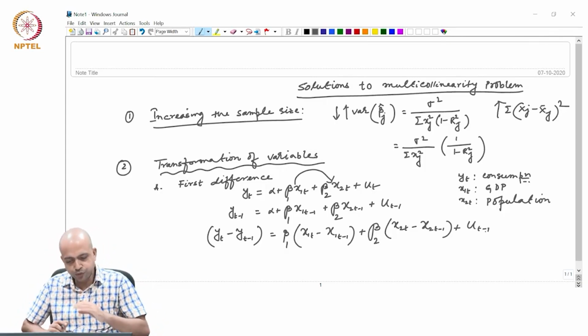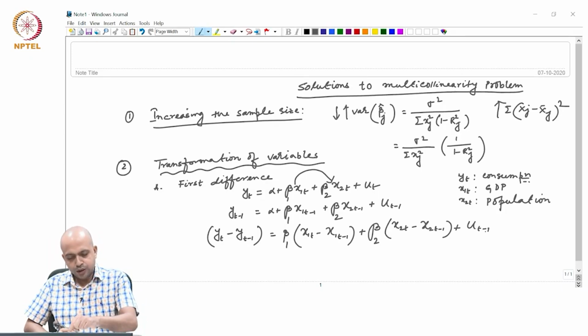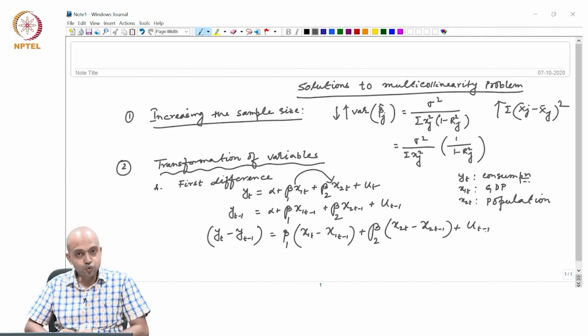All right. So, if you do so, then what happens? If x 1 t and x 2 t are correlated, there is no reason to believe that x 1 t minus x 1 t minus 1 would be correlated in the same way.